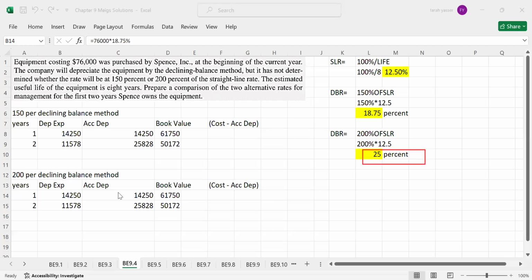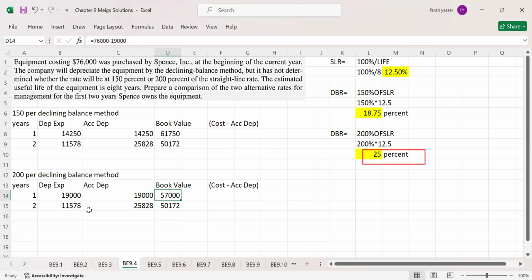While calculating depreciation expense, we take 25%. The depreciation is 19,000. Accumulated is again 19,000, and book value is 76,000 minus 19,000.